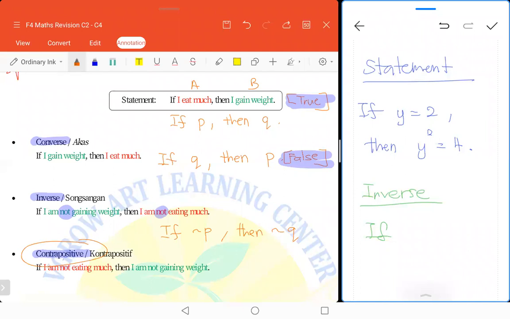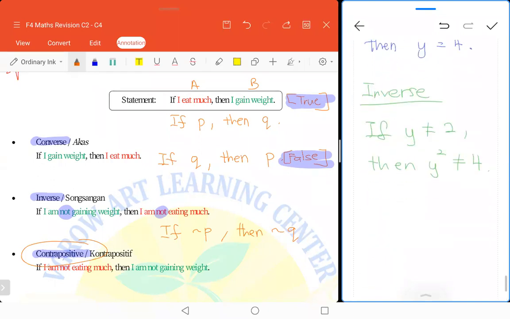Okay, so this is the answer in the chat box. Some put comma, some put full stop. So, if y not equal to 2, then y square not equal to 4. Remember your comma and full stop, yeah?